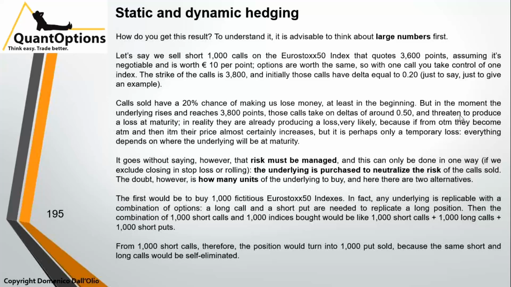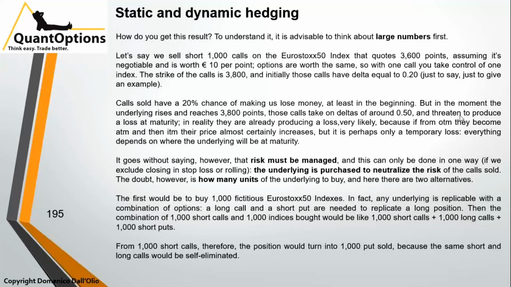But it is perhaps only a temporary loss because everything depends on where the underlying will be at the maturity. It goes without saying, however, that during the life of the trade, risk must be managed. And this can only be done in one way if we exclude closing in stop loss or rolling. The underlying is purchased to neutralize the risk of the calls sold.